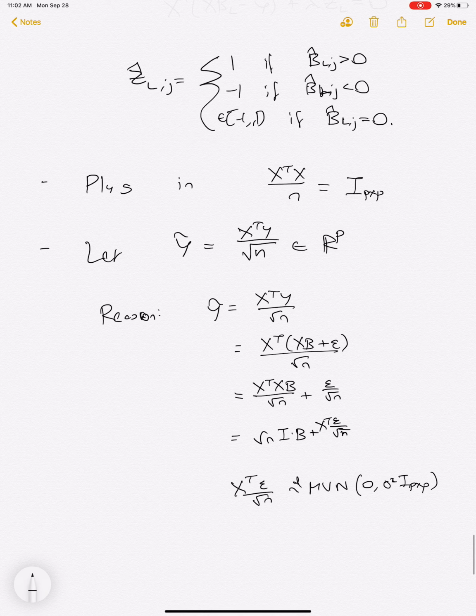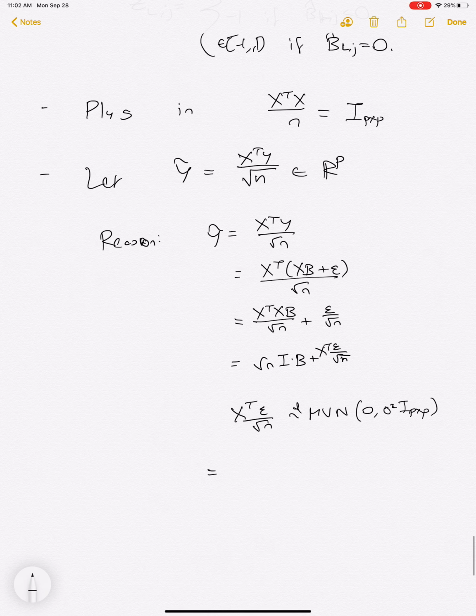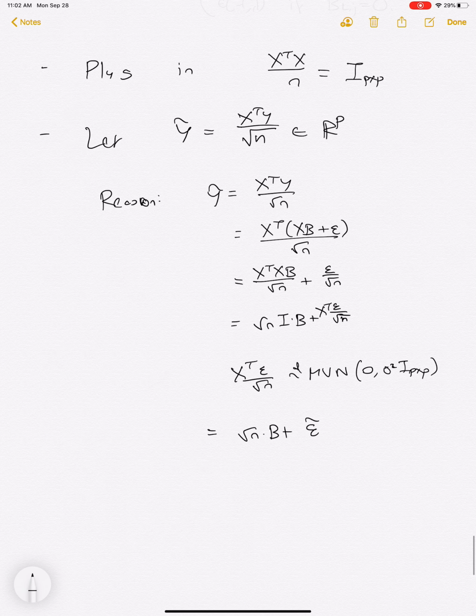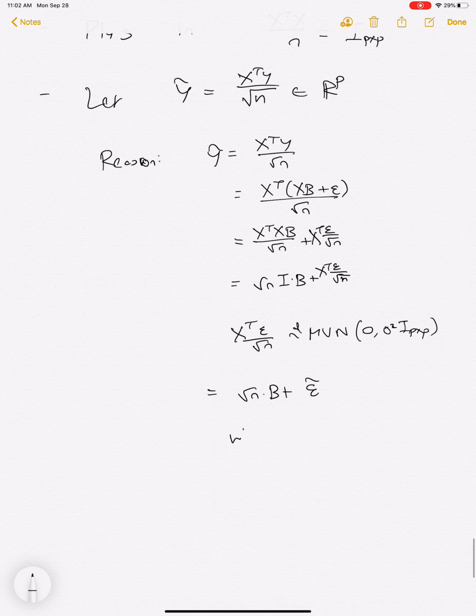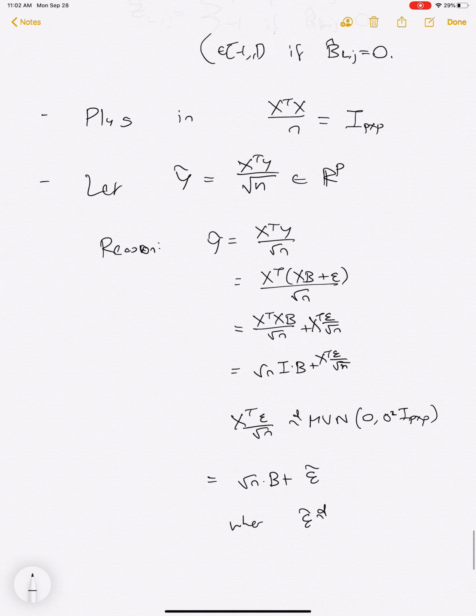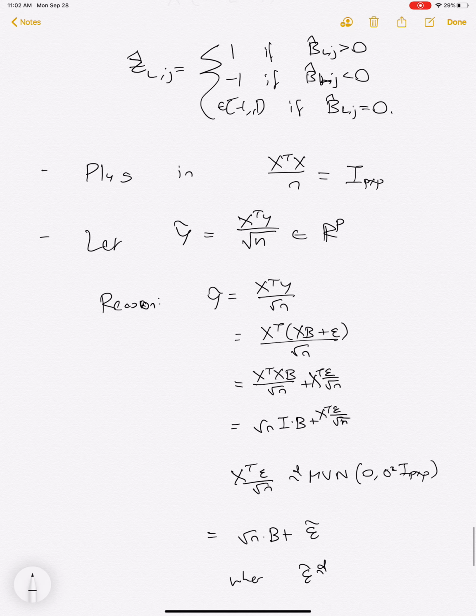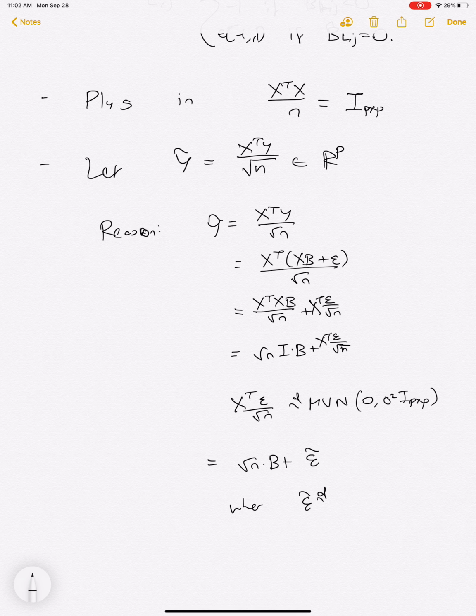So you can think about this as square root of n times b plus epsilon tilde, where epsilon tilde is MVN 0, sigma squared I p by p.